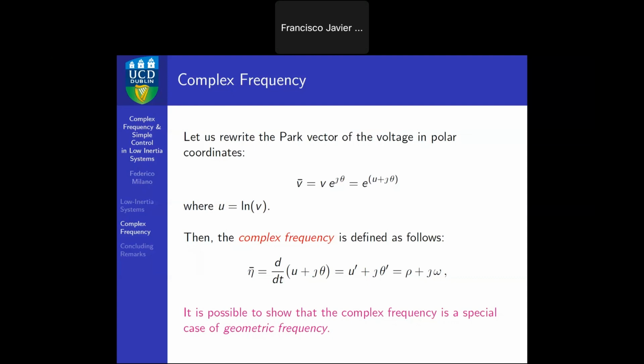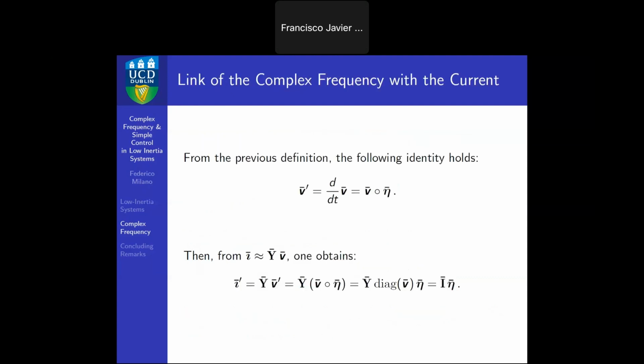So we can write that the derivative of the voltage is the voltage times this complex frequency. I call eta the complex frequency. So eta is the conventional derivative of the angle, plus the derivative of this component u, which is a sort of exponential magnitude, if you like.